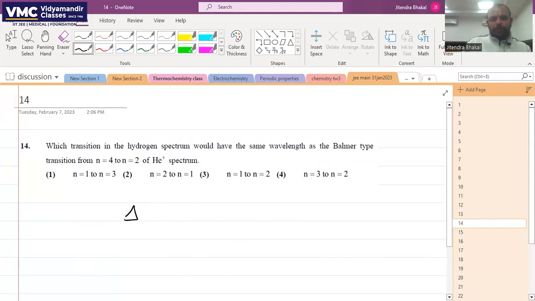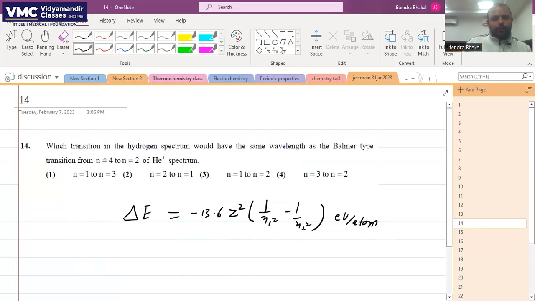So the formula for energy difference, delta E, is equal to minus 13.6 Z square into 1 upon N1 square minus 1 upon N2 square in electron volt per atom.